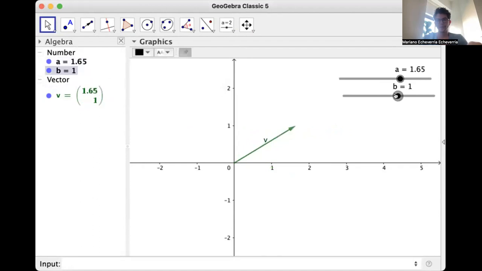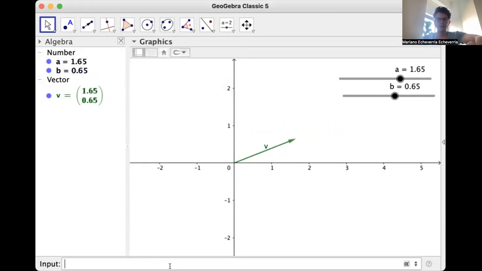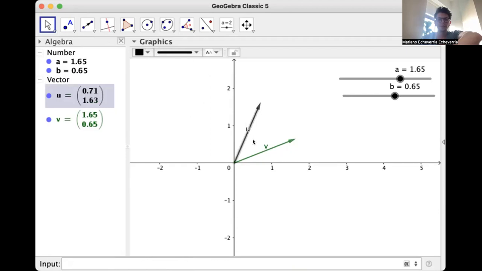And if I change the value for B, that's changing the y coordinate. Okay, so you have the sliders. And then the new vector, we could call it U. If you look at the formula that I wrote, it's square root of 2 over 2 times x minus y, but x minus y here is a minus b because of the names I had to give to the variables. And then you get square root of 2 over 2 times a plus b. Is that making sense? The animation already called it U, so that's fine.